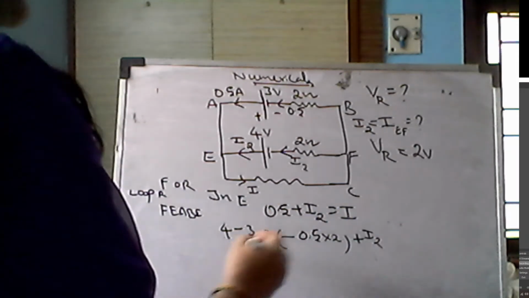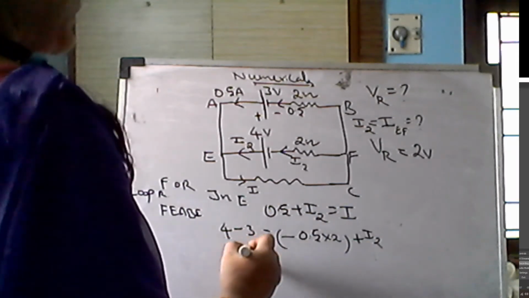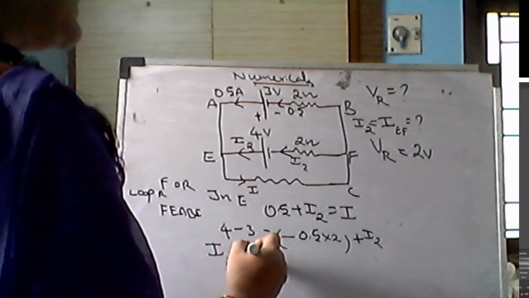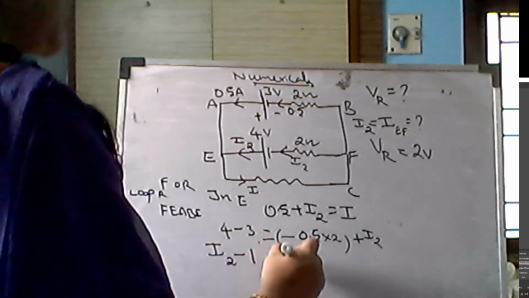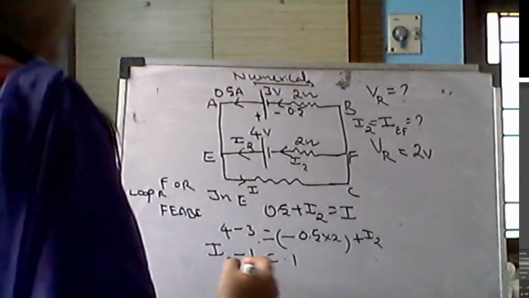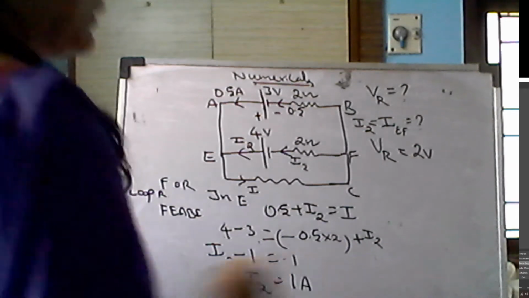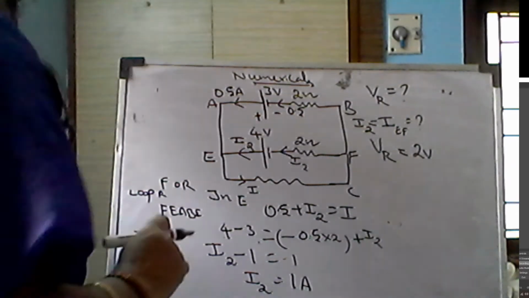So I2 minus 1 is equal to 1. So I2 is equal to 1 plus 1, that is 1 ampere. This is your answer.